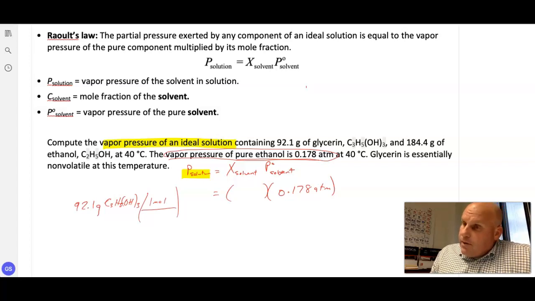I'm going to look up that molar mass, and I'm going to get here a value of 1.00 moles of glycerine. All right, do the same thing for the 184.4 grams of ethanol.